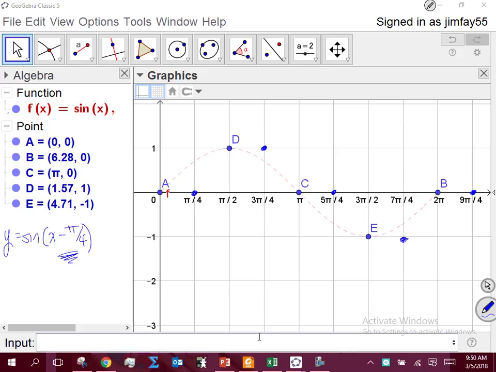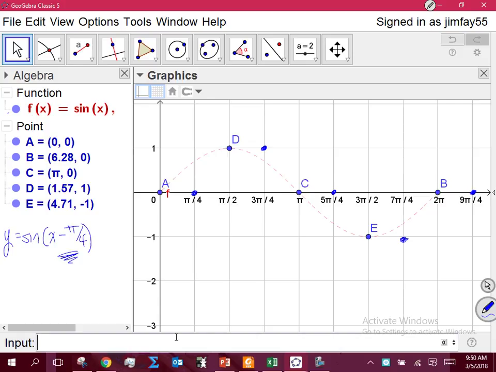If I were to graph the sine of x minus pi over 4, it should pass through those points that we just transferred, and they do. Does that make sense? You do the same thing in all the other functions we've dealt with throughout the entire year. You take a handful of key points and move them left or right.